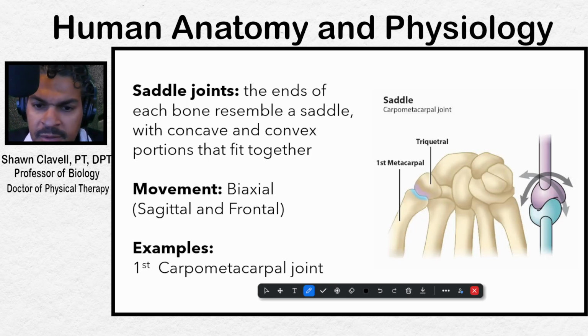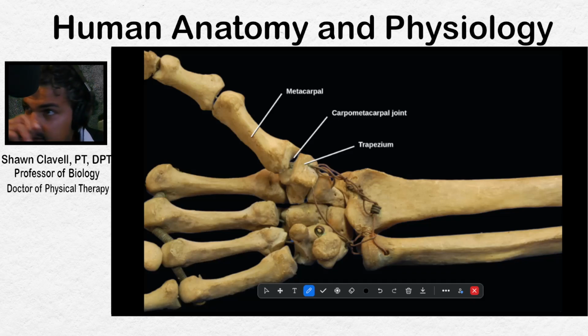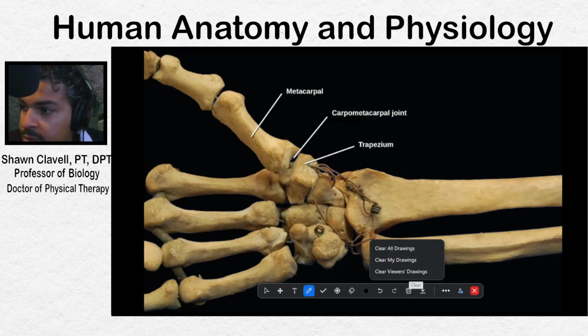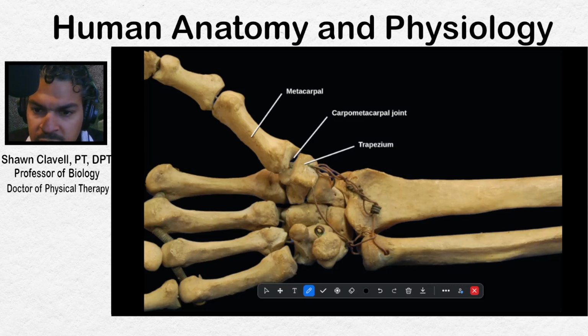So I can maybe even zoom in here and give us a better example of a saddle joint. So again, there's the first carpometacarpal joint here that we're referring to. And maybe even zoom in just one more time here.